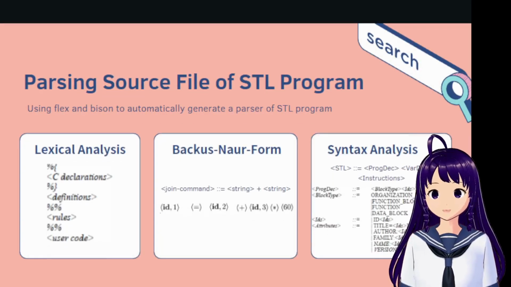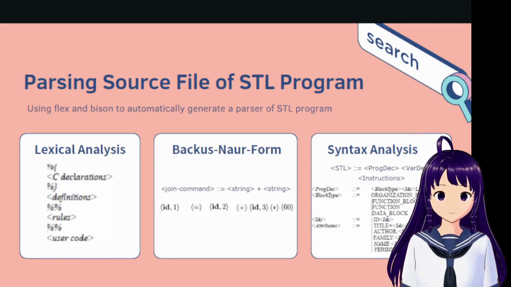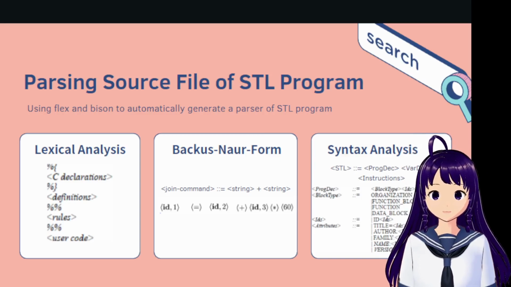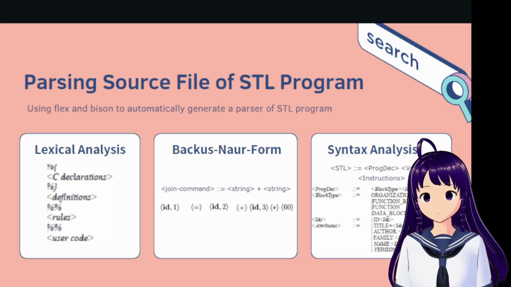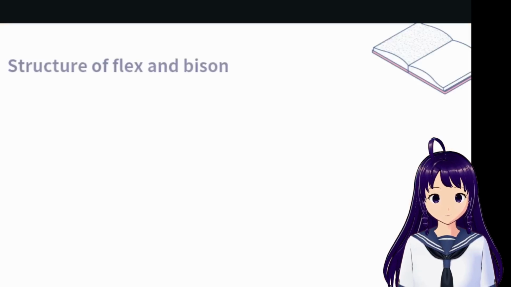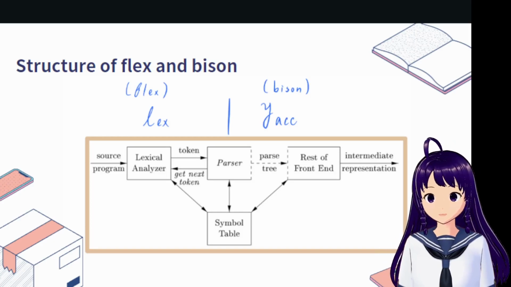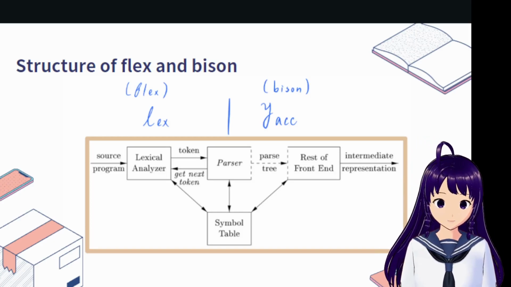Now we focus on the parsing work. 3 partitions dedicated as lexical analysis, BNF, and syntax analysis. And we briefly show how the structure of Flex and Bison actually works.